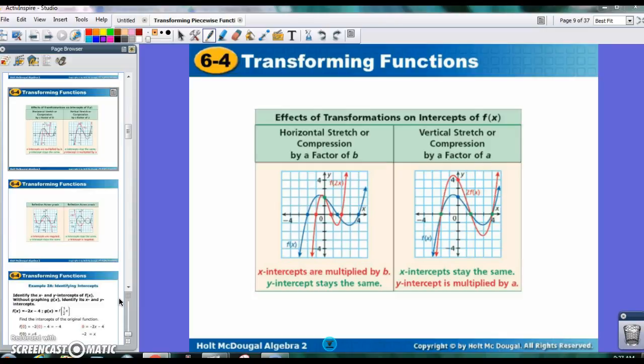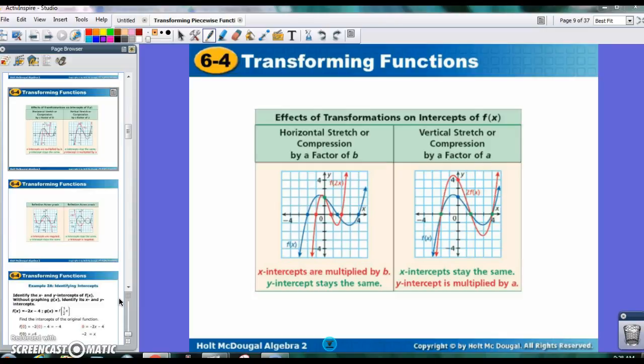Yesterday in class we left off with talking about what happens to the intercepts when we do these different transformations. When you are doing a horizontal stretch or a compression, you're pulling it away from the y-axis or pushing it closer to the y-axis, but your intercept on the y-axis doesn't change.